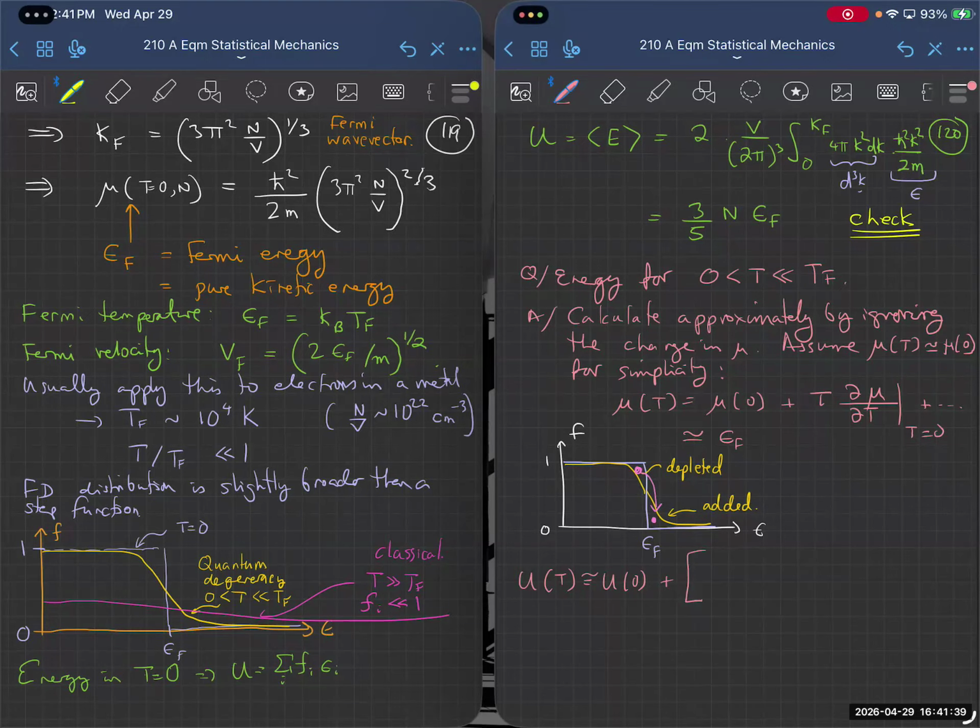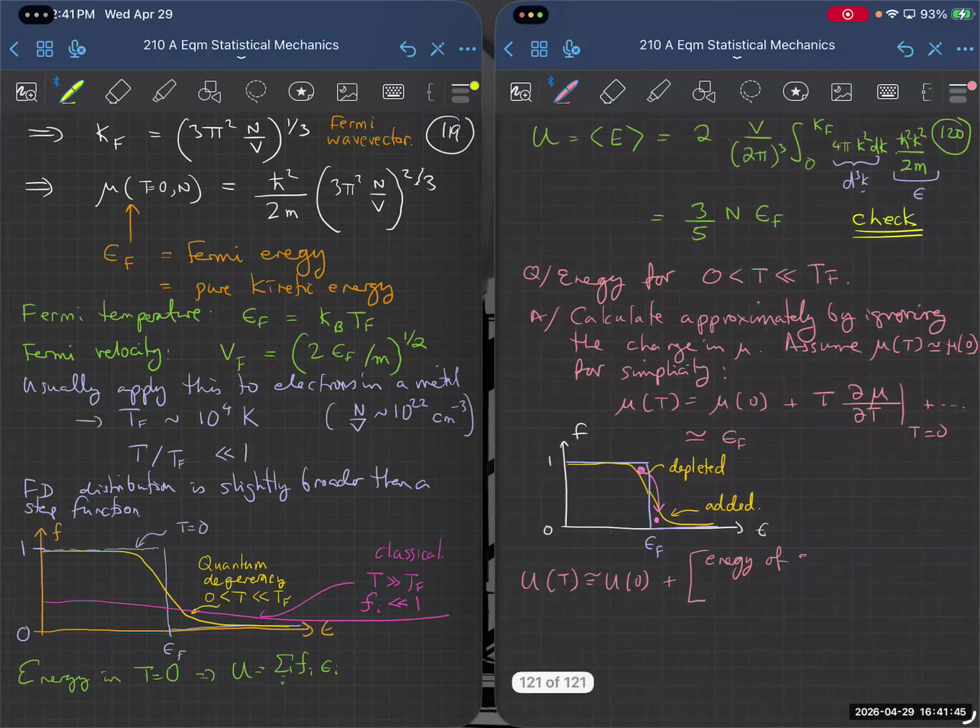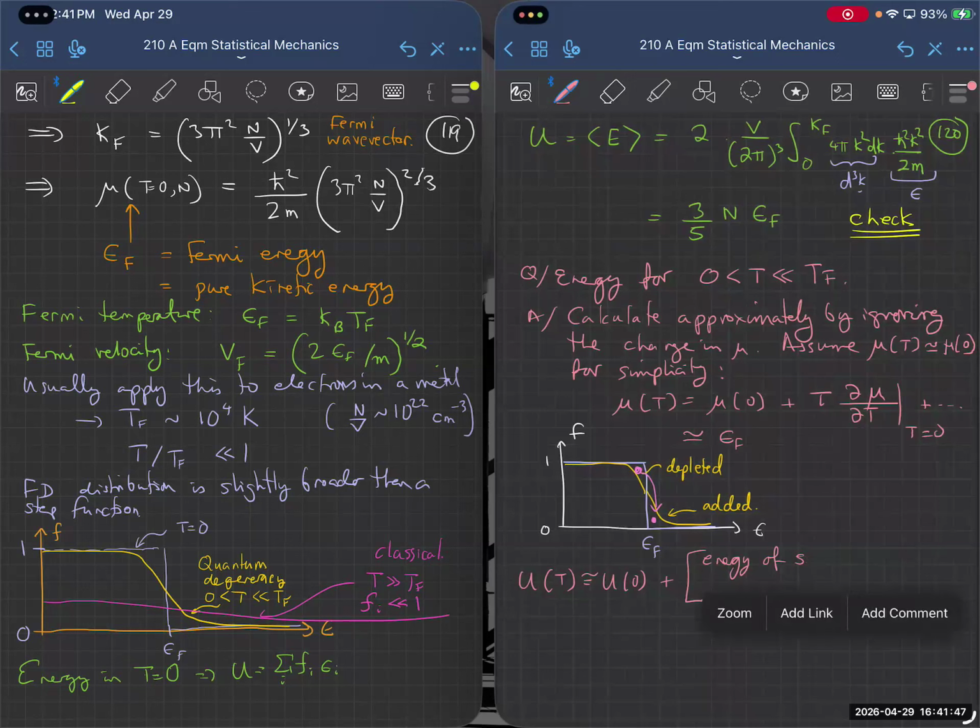Well, what I've done is I've shifted fermions from energy epsilon_F minus some epsilon prime to epsilon_F plus epsilon prime.